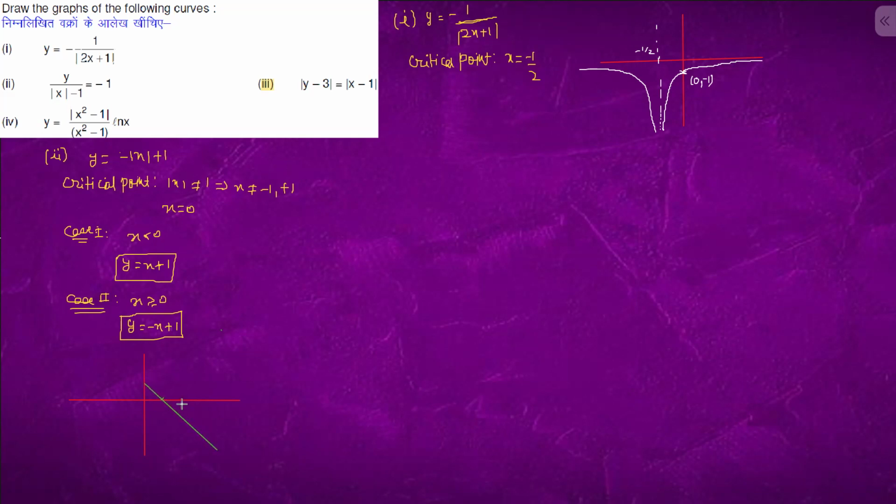And when x is less than 0, it is going somewhere like this. So what we can say is that it is not defined at minus 1 and plus 1. So here we will put a circle. This is 1, this is minus 1. And this tip point is x equals to 0, it is 0, comma 1. So this is the curve.